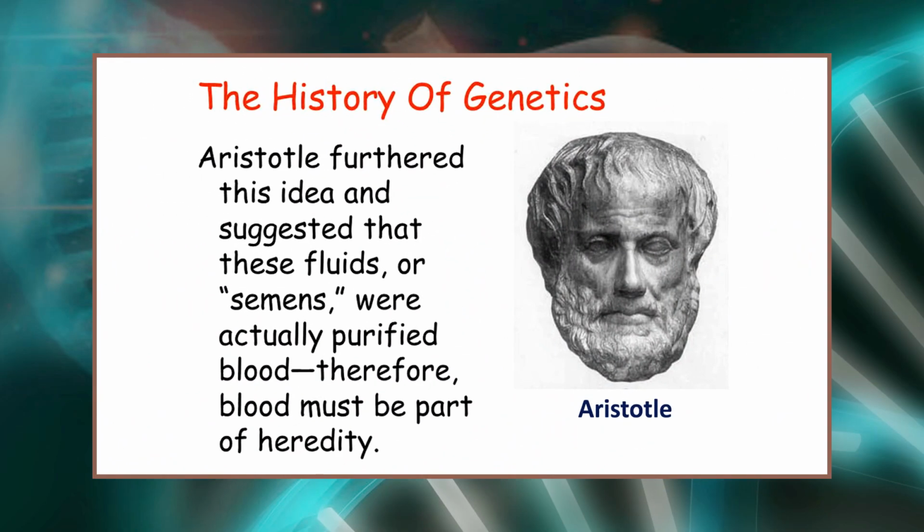Later in 300 BC, Aristotle proposed the role of blood in heredity, wherein semen and the menstrual blood are purified blood. The hereditary essences make the baby. Even today, people still speak of certain traits as being in the blood and of bloodlines and blood ties.